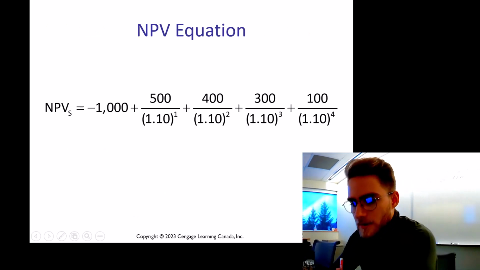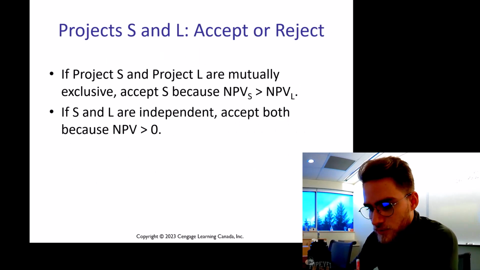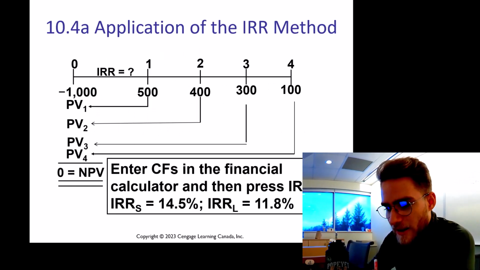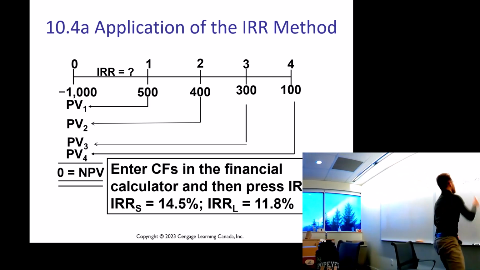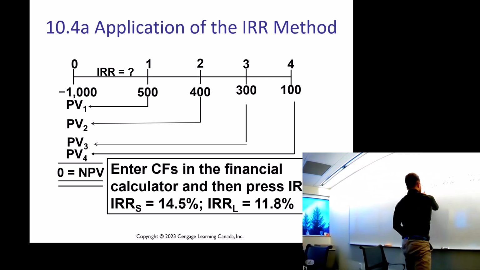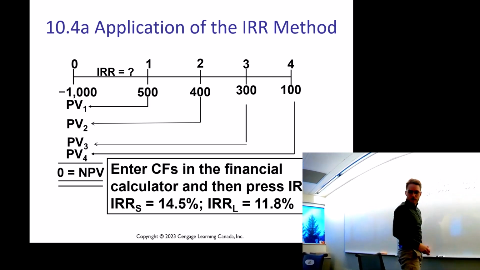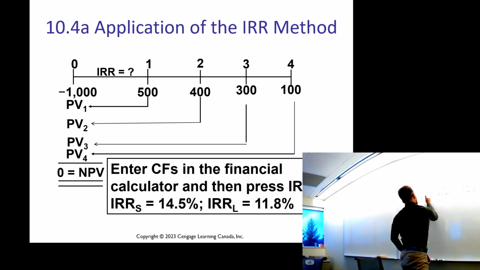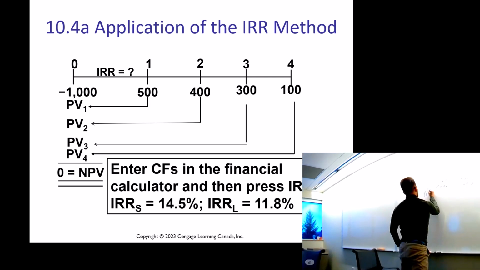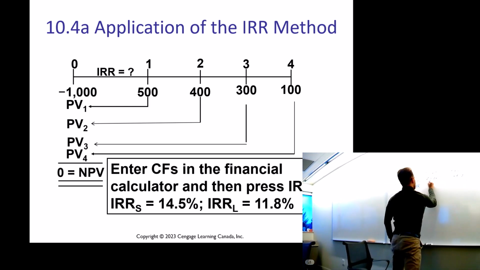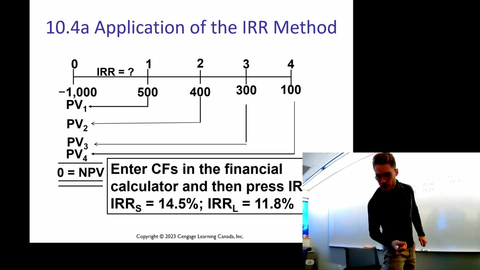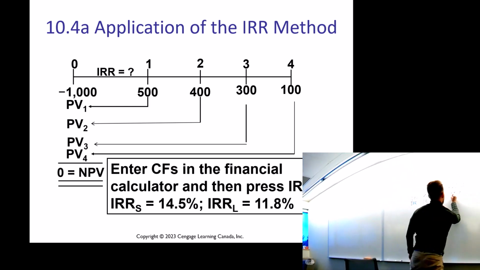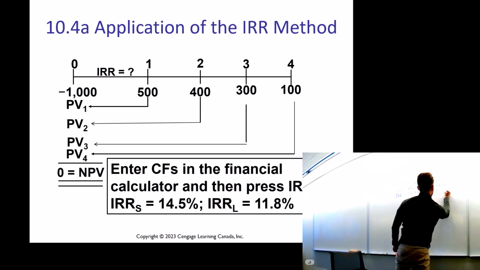And then, continuing on, we did IRR. When we did IRR, project S had an internal rate of return of 14.5%, and project L had an internal rate of return of 11.8%.